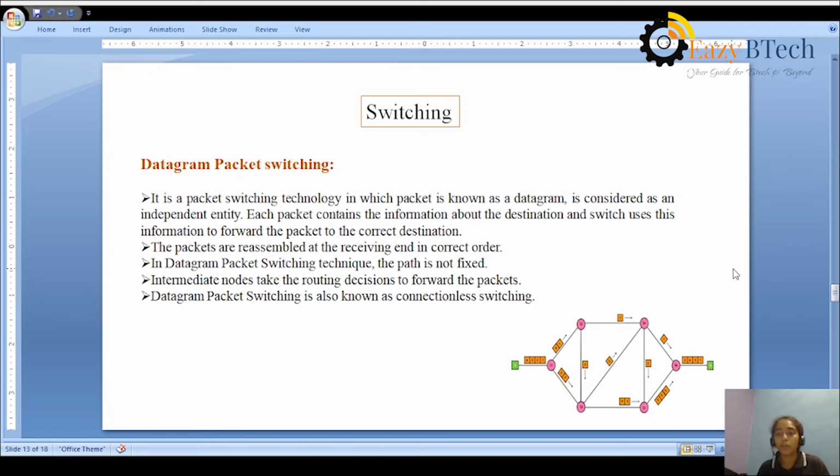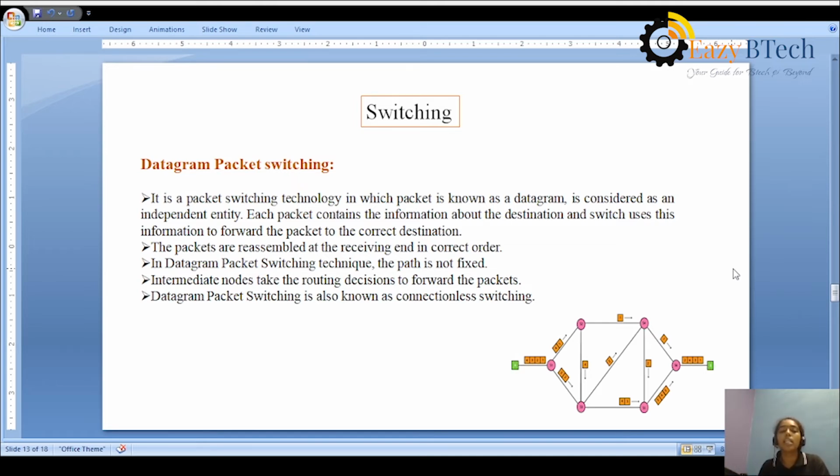Intermediate nodes means routers. The packets pass through intermediate nodes in between, from source to destination. While traveling through the network, we have communication devices, independent intermediate nodes, to send the message from source to destination.